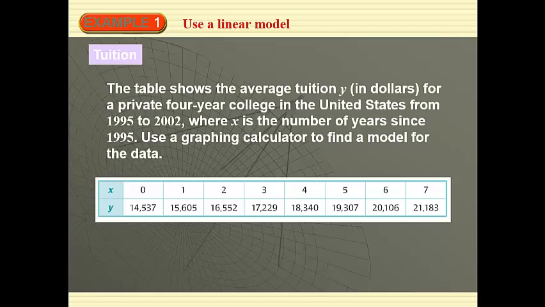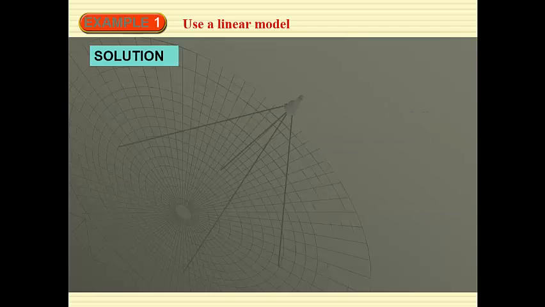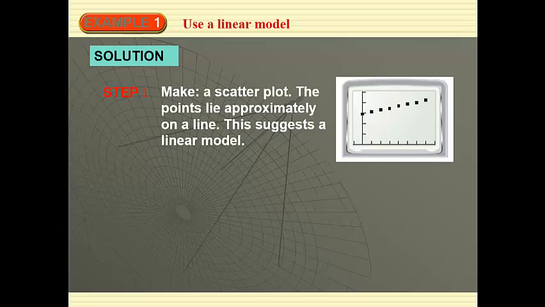And you just hit graph, and your scatter plot will show like a straight line that goes up, like what I'm showing you right now in the slide. So the points lie approximately on a line. This suggests a linear model. So this is a linear function or a linear model.